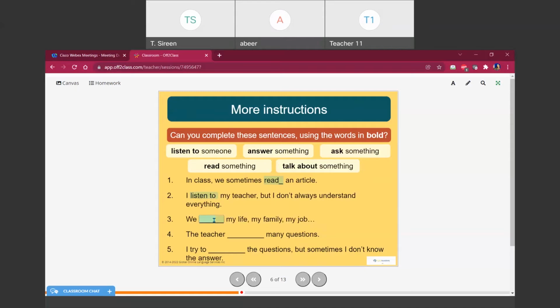3. We talked about my life, my family, my job. For example. The teacher asked many questions. I try to answer the question, but sometimes I don't know the answer.